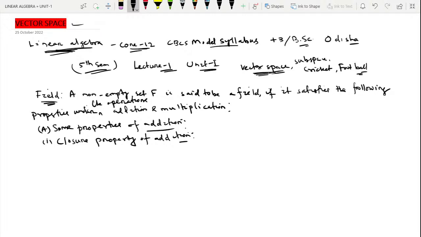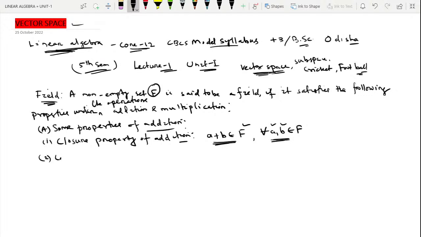It says A plus B belongs to F for all A, B belongs to F. So if you take any two elements A and B from this set F, we will get their sum which also lies in F. That is the closure property of addition.